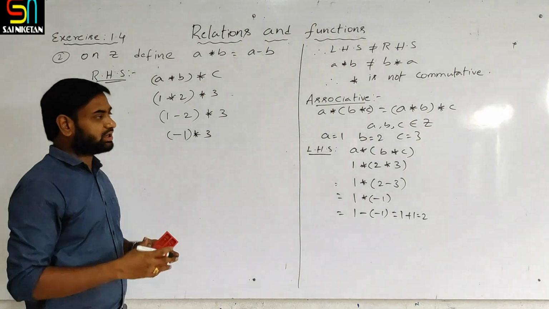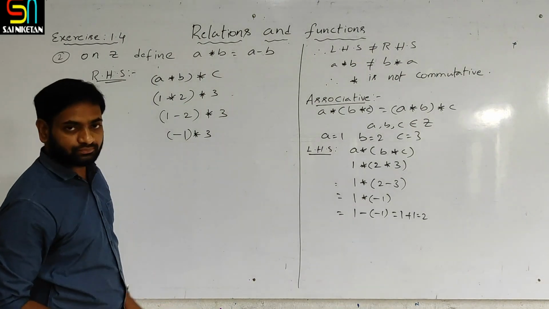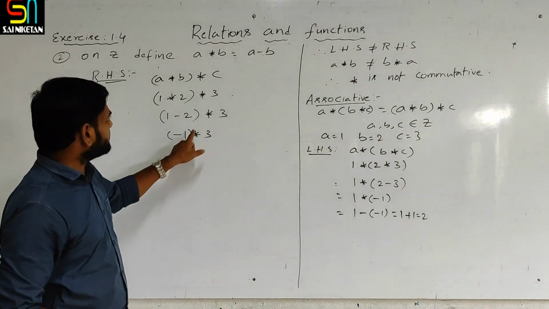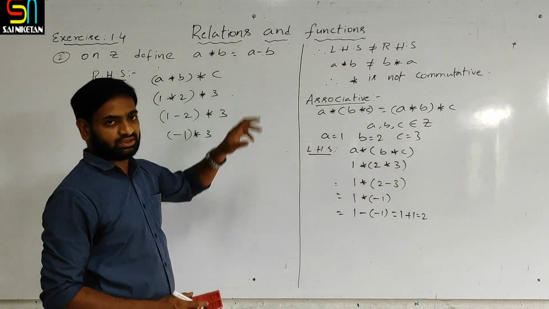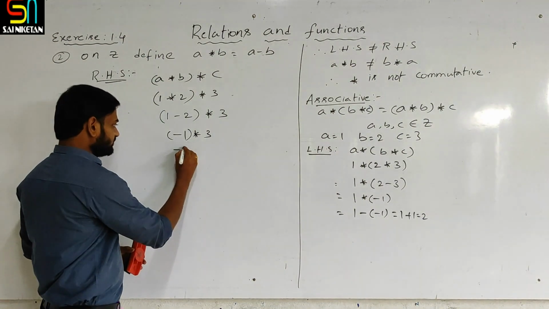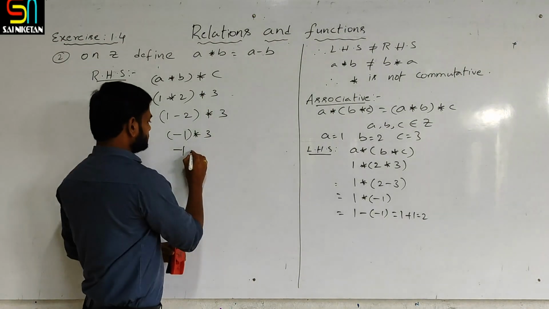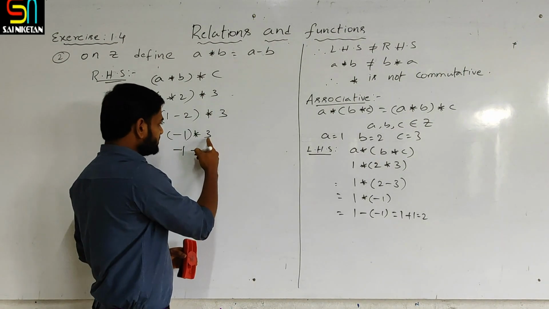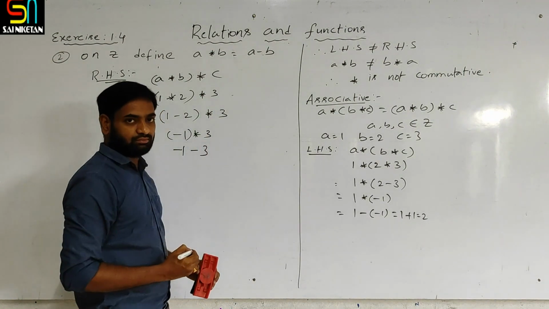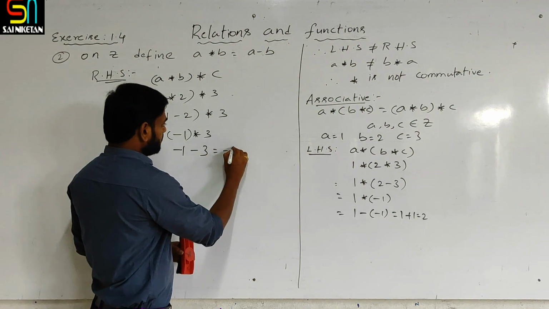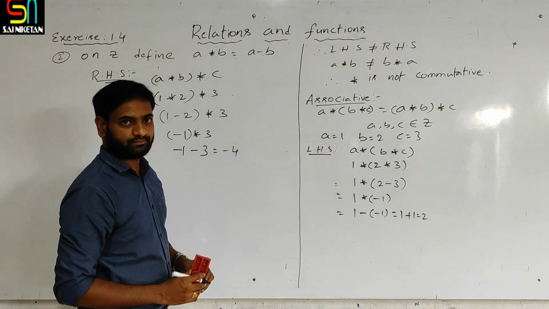Now again apply the operation: A star B means A minus B, that is minus 1 minus 3, which is minus 4.